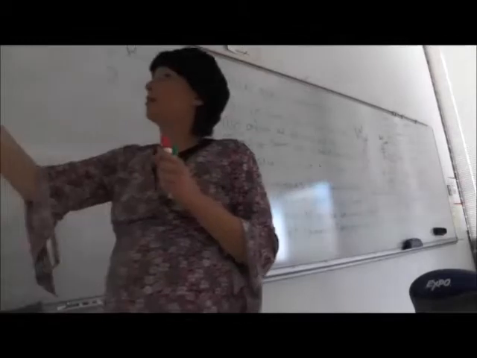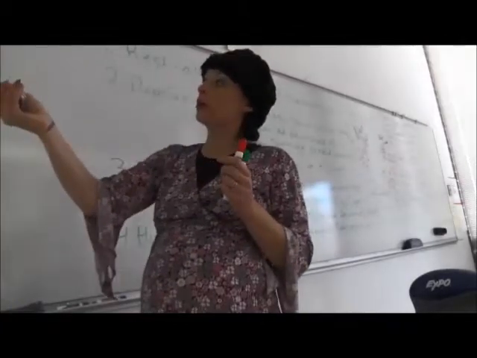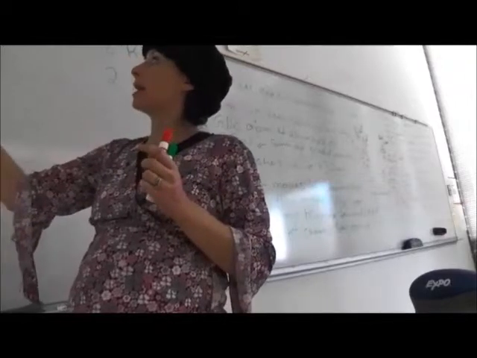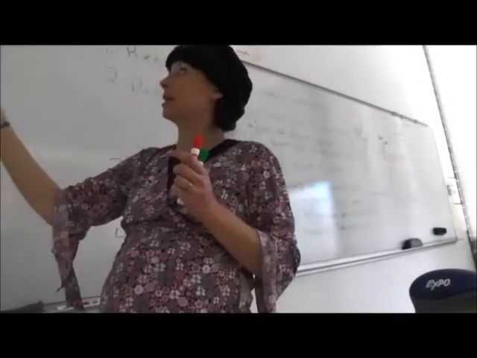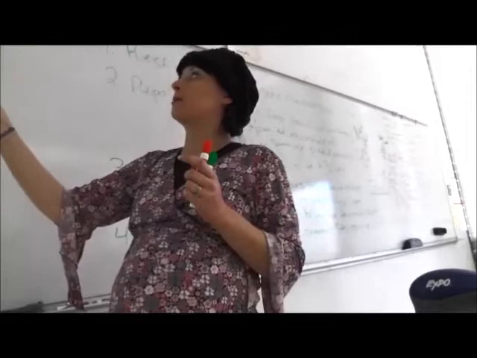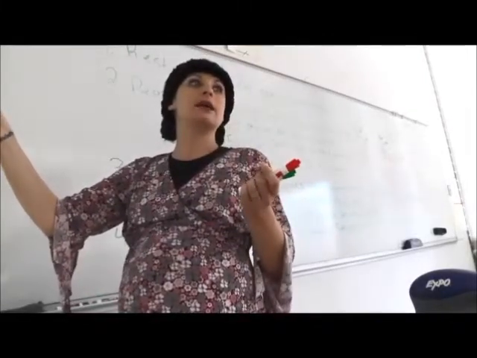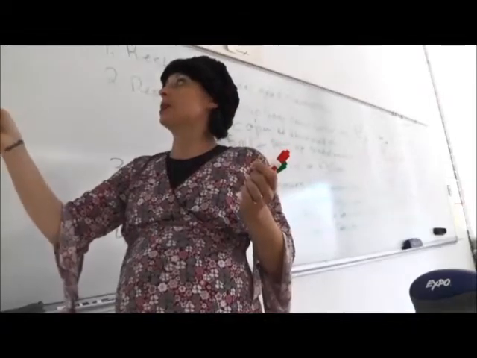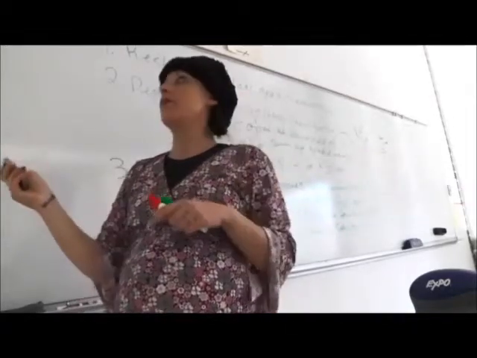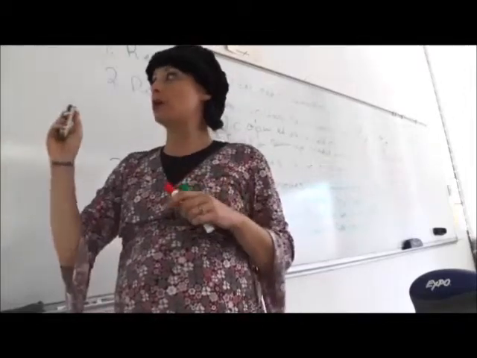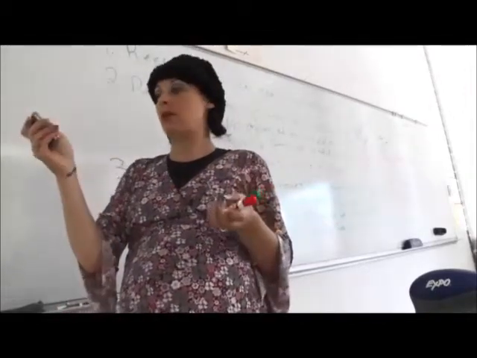So if you look as you move down your neuron, that inactivation gate is making sure that even though we've got positive charge coming in here, it can't go back and open up these voltage-gated channels down here because they're in their inactivation state. And so that keeps the action potential moving in one way away from the soma. So they go in one direction, and once they start, they're self-propagating.